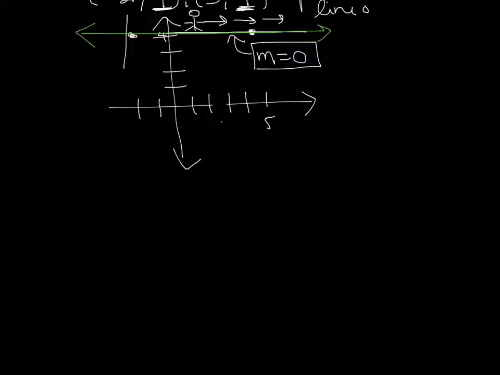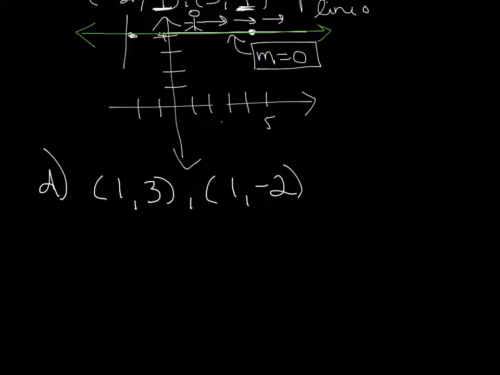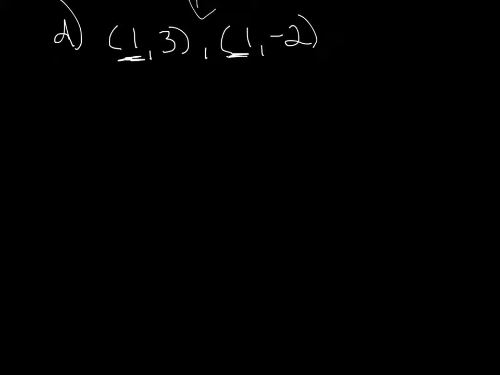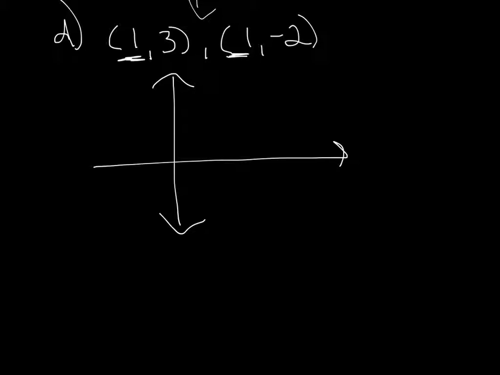Let's do the last one. The last one is (1, 3) and (1, -2). Here notice the x's are repeating. So you can probably guess which line we're going to graph. We just saw a horizontal line, so it's probably going to be the other one, a vertical line. So (1, 3) and (1, -2).